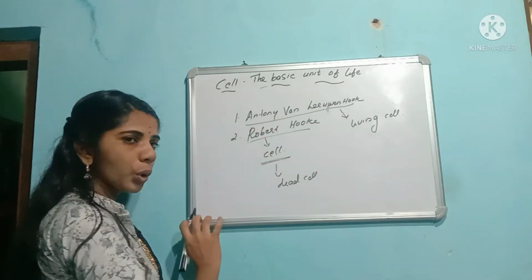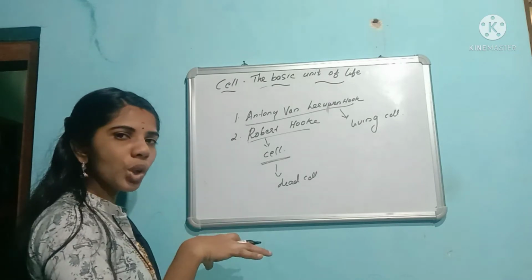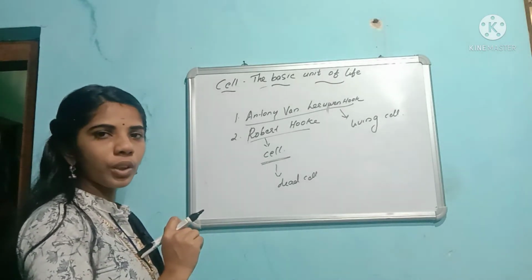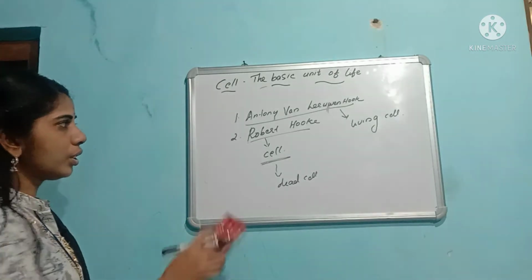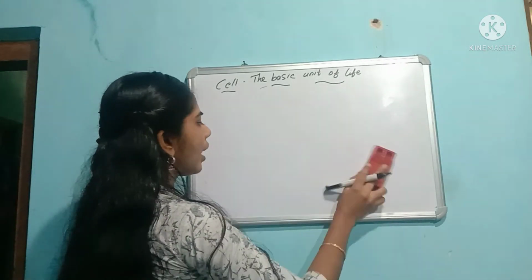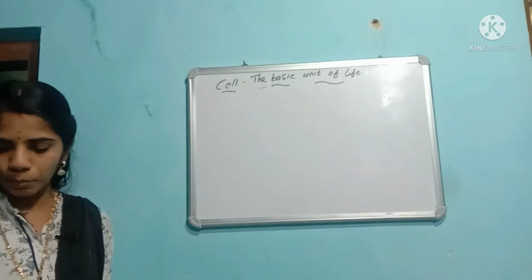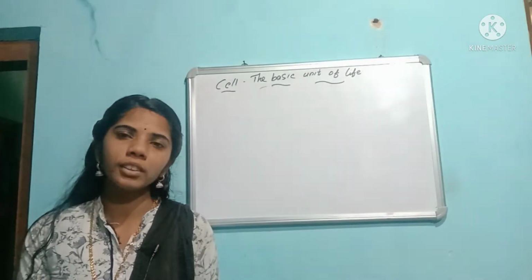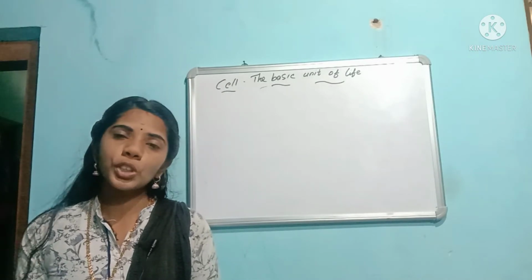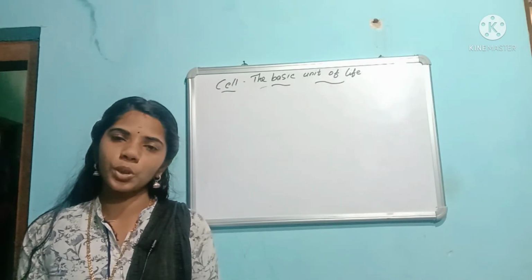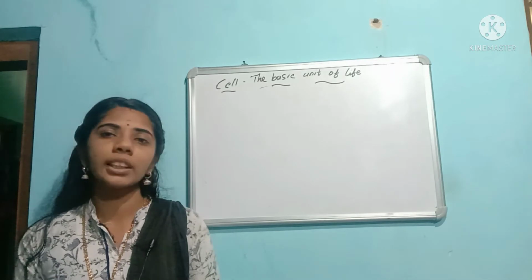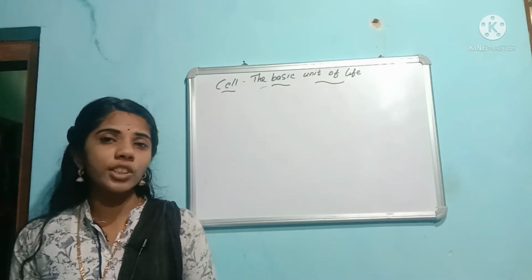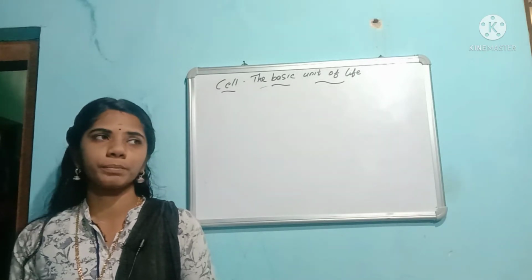Antony von Leeuwenhoek is the person who observed the living cell for the first time. Is it clear now? So the two important scientists who contributed to cytology, or cell biology, are Antony von Leeuwenhoek and another scientist, Robert Hooke.